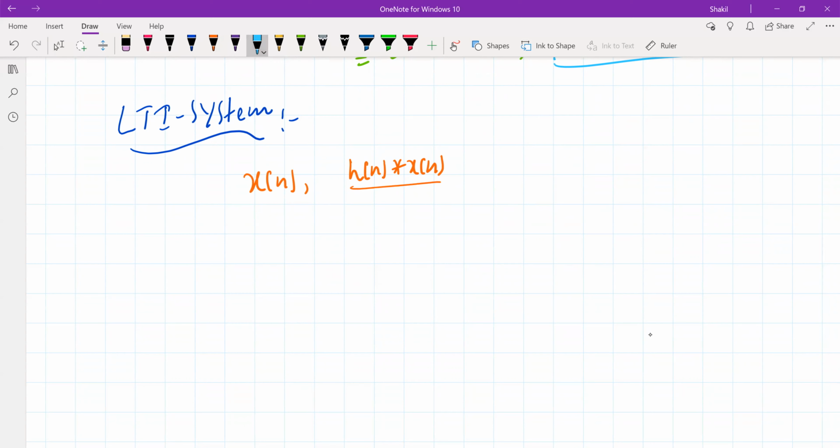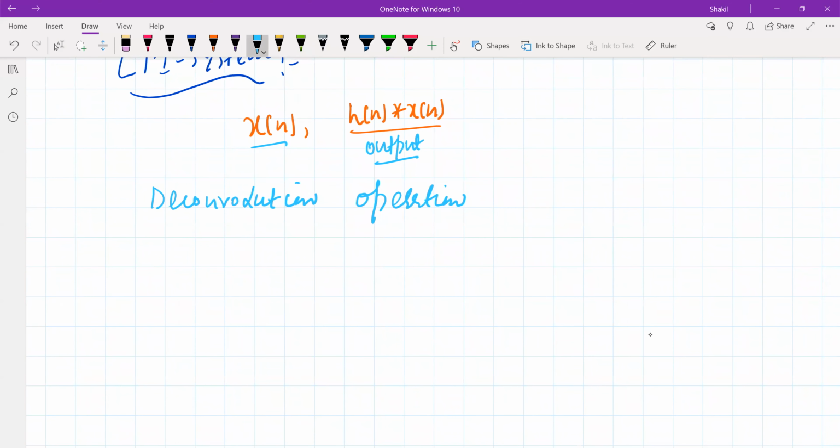The process of recovering this input from this output is termed deconvolution. In LTI system theory, this operation is referred to as the deconvolution operation, because it corresponds to reversing or undoing the convolution operation.